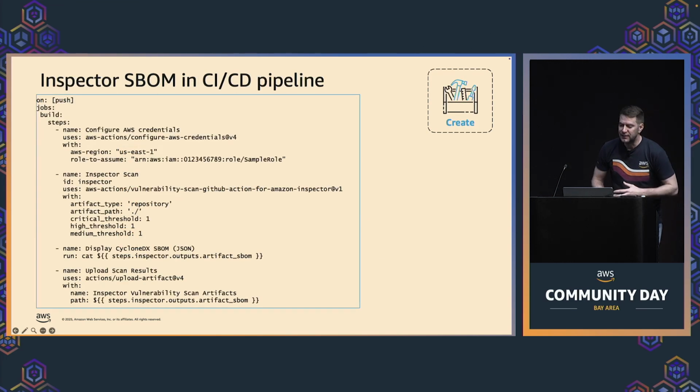And we can add this integration within our CI/CD pipeline as well. In this case, we're adding it in a GitHub workflow, and it's going to generate this software bill of materials for us. So it's going to use an AWS-provided action to configure the credentials, assume a role, and it will then run the Inspector scan using the vulnerability scan GitHub action for Amazon Inspector that's available.